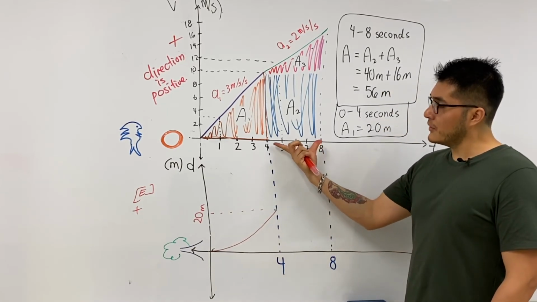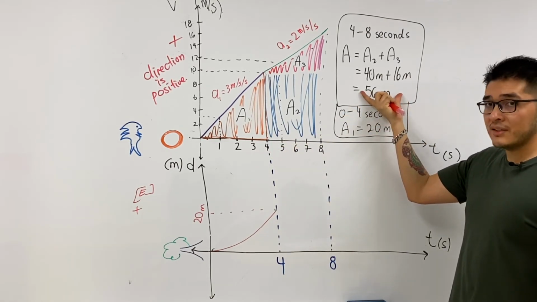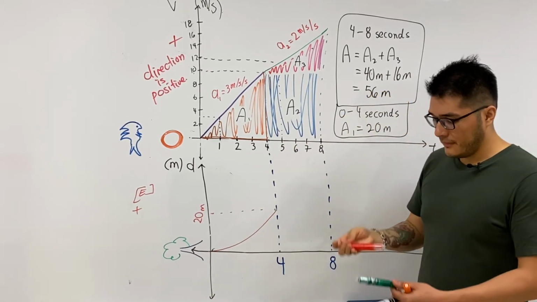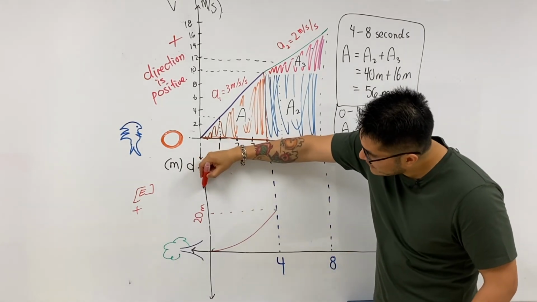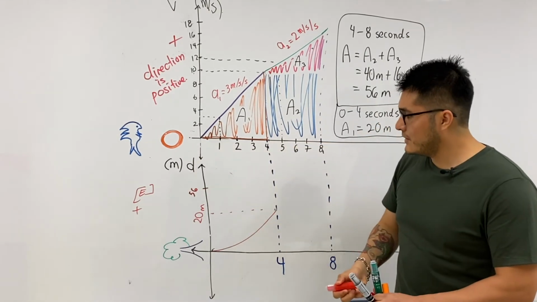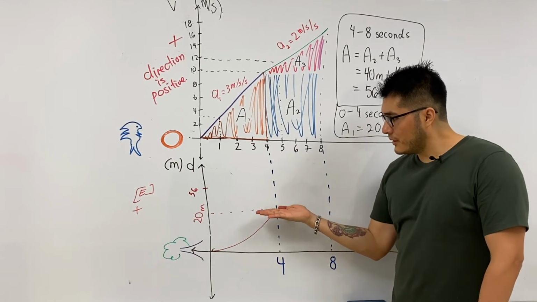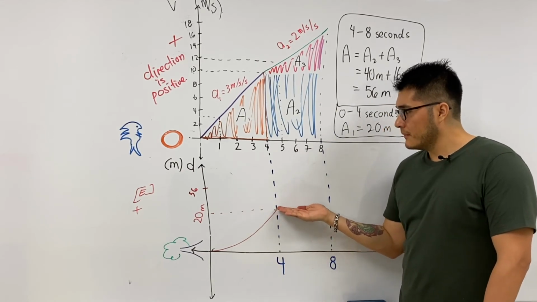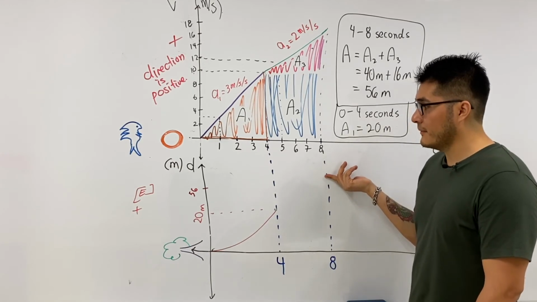And during the next 4 seconds of time interval, we cover a distance of 56 meters. Now, this is where it gets tricky. This is the 56 meter point. Most students will draw from 20 to 56 and think that we got it correct.